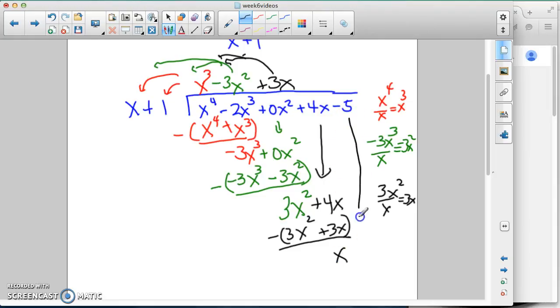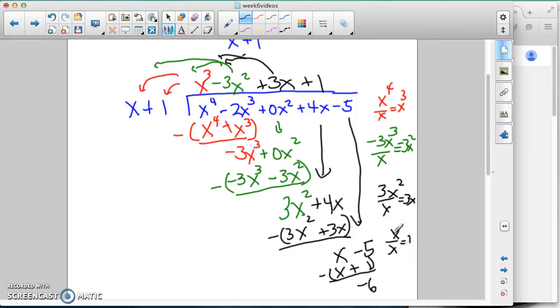We bring down the last term, the negative 5, and we then divide x by x, which is going to be 1. So we're going to have a plus 1 as the last term. If we multiply here, we're going to get x plus 1, and then we subtract. So we get negative 5 minus 1, which is negative 6. So there's our remainder here.